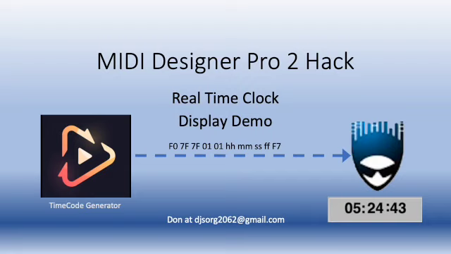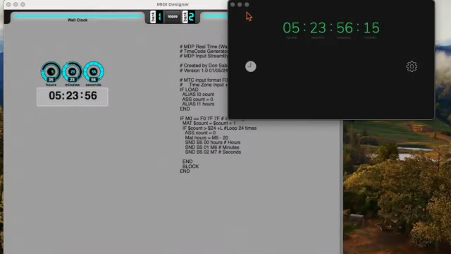This is a demonstration of a MIDI Designer Pro 2 real-time MTC clock function, also called a wall clock. It is based on the timecode generation app from Haute Technique, available on Mac, iPad, and iPhone to generate the MTC timecode.